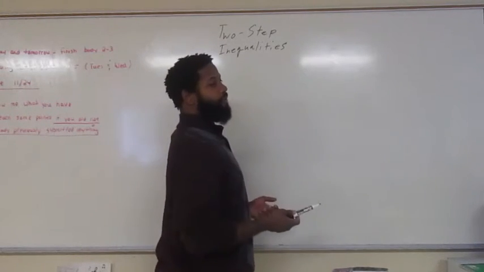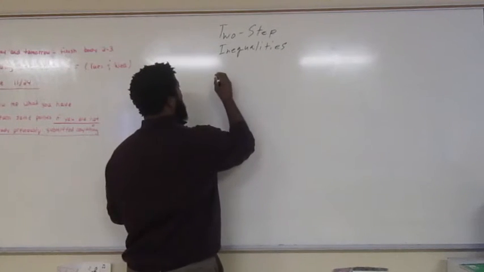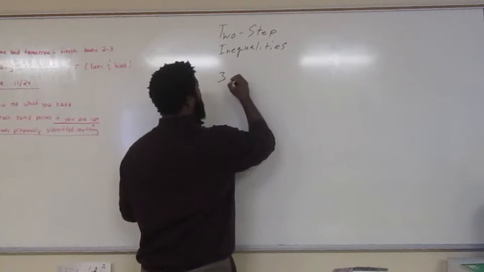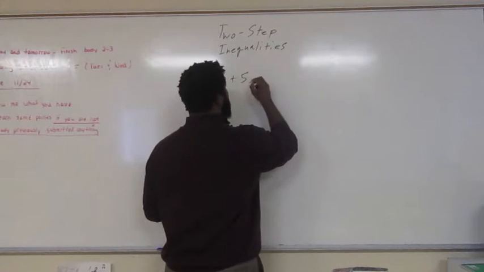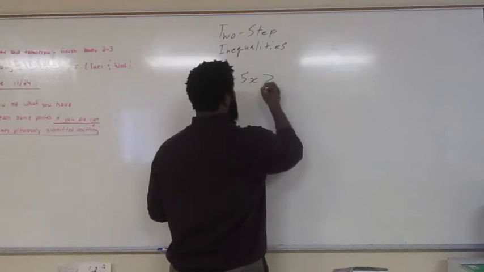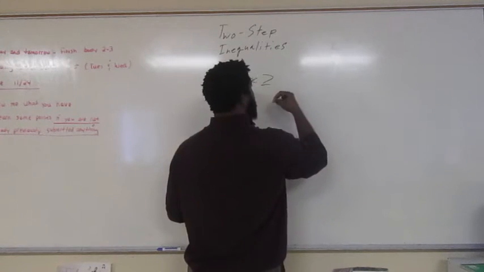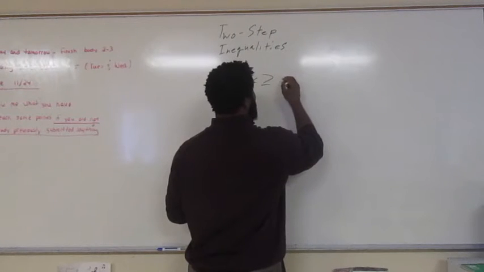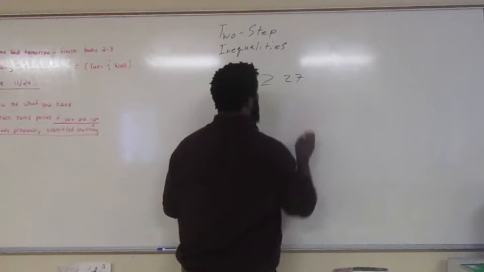Should I have to go over the particulars of it? I mean, honestly, you're gonna have 3 plus 5x is greater than or equal to, I don't know, 25. Oh, no, wait. Nope. 27. There we go.